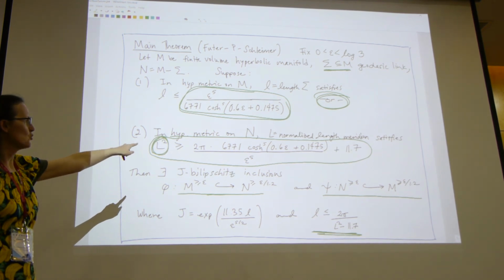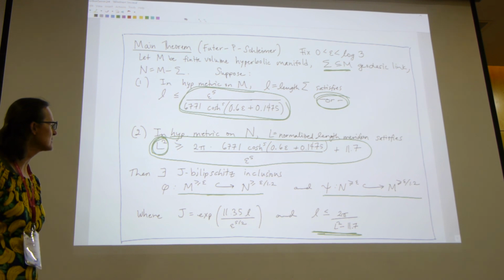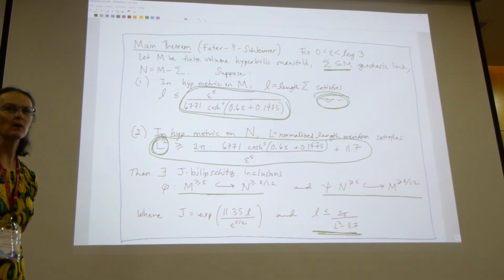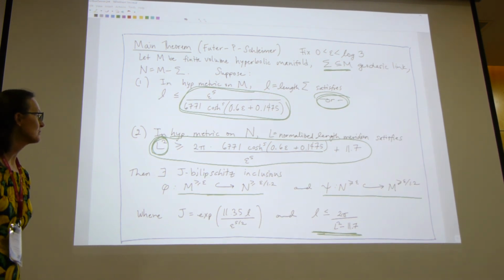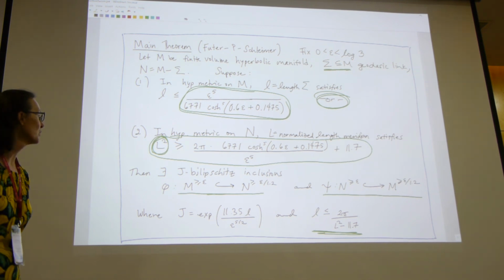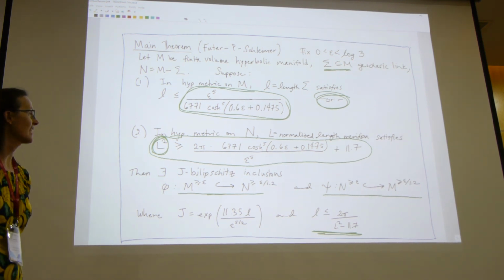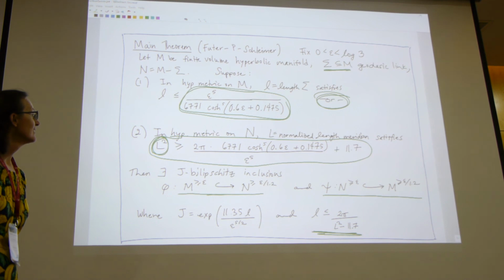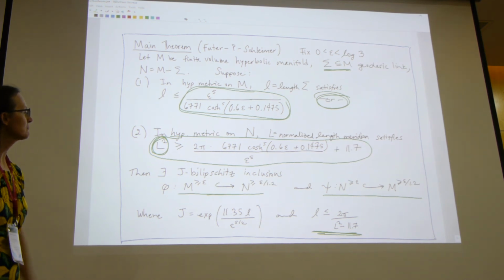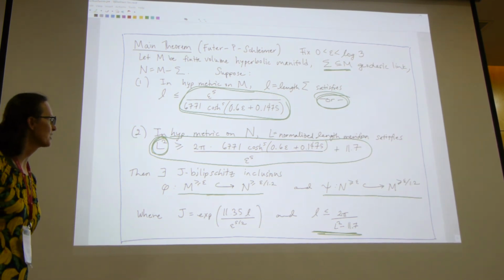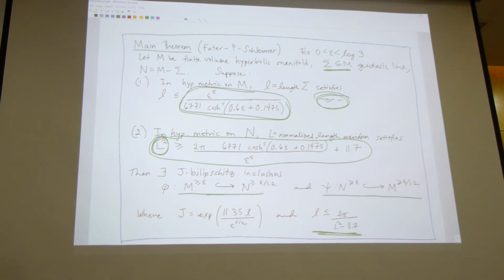This is kind of huge. So epsilon is probably pretty small. You have to take 1 over epsilon to the 5th and multiply it by 2 pi times 6,771 times cosh of, well, that may not be very big. But then when you're all done, you're out at about 11. Yeah, they're pretty big slopes.